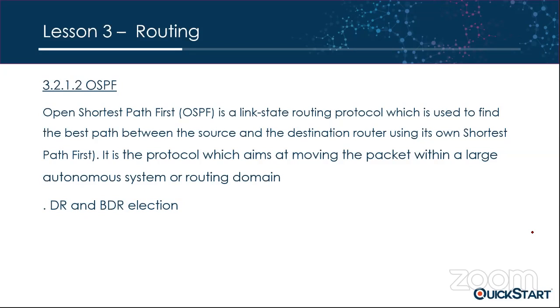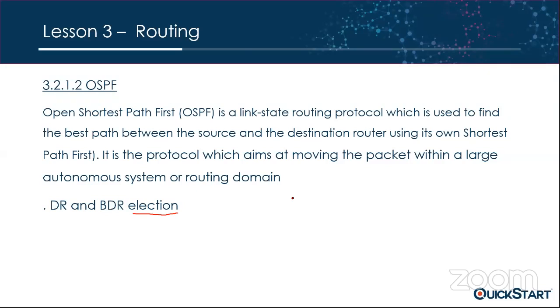So how does OSPF work? This is kind of an election process in your system. If you have 5, 6, or maybe 15, 16 routers, the election happens for DR and BDR.